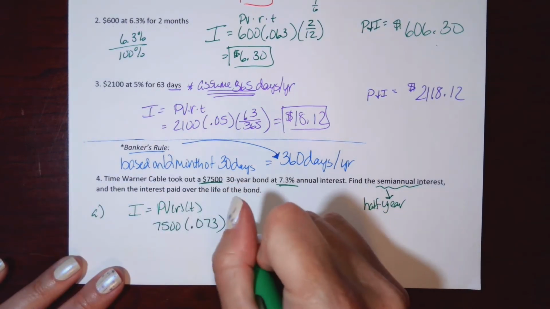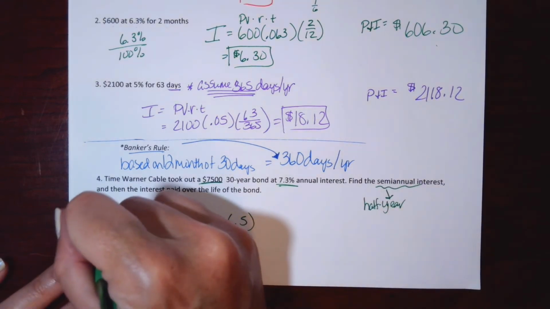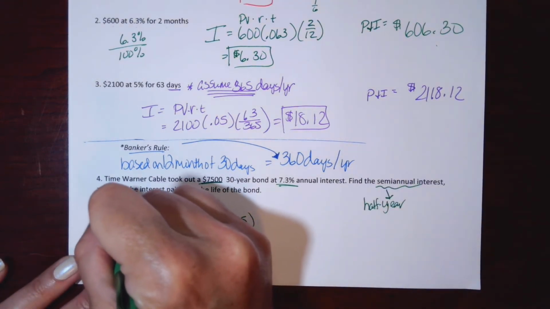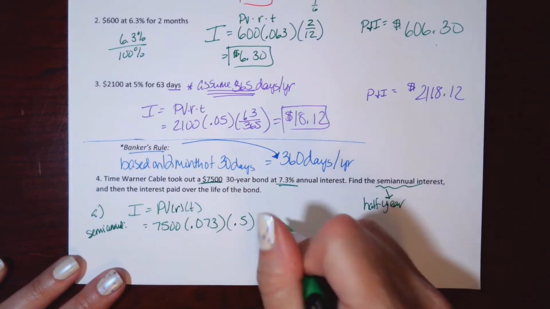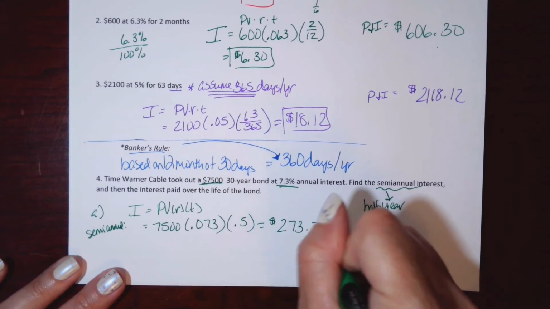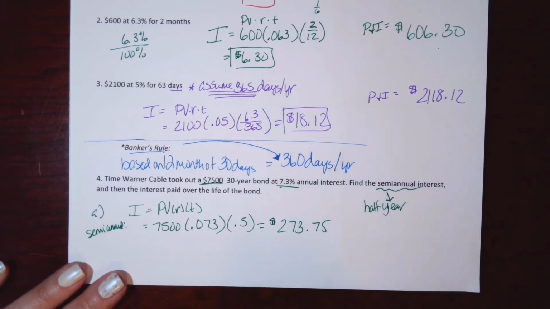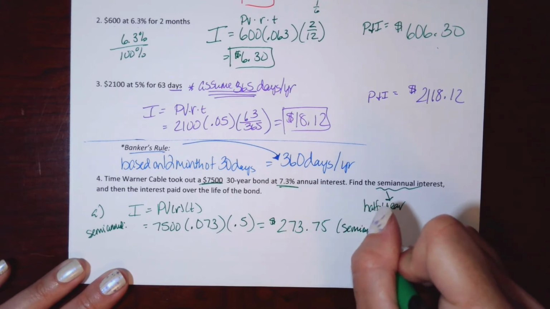Well, half a year is going to be 1/2 or 0.5 for semi-annual. So the half-year interest is going to be, if you plug it into your calculator, $273.75. That's, again, my semi-annual interest.